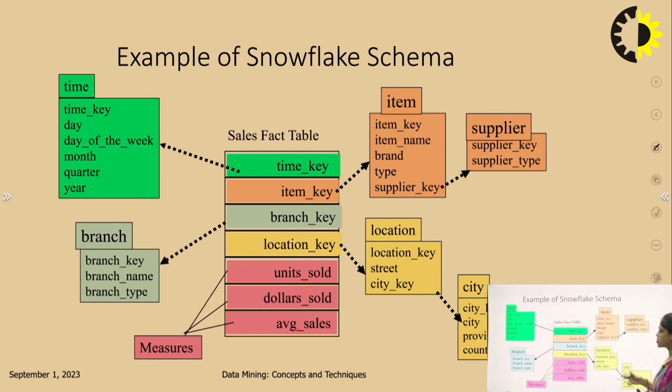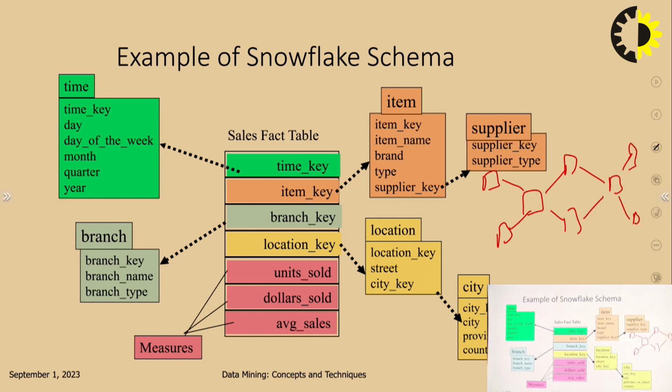Snowflake, you can see how it is connected. It is connected to more than that also. It is sub-connected to this one as well. It is also connected to this one. Here they are further connected to some more. So it is somewhat like this. Somewhat this kind of characteristic it has.